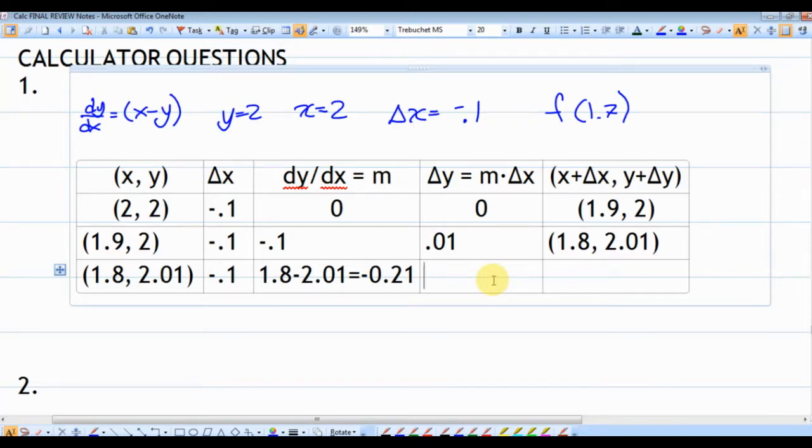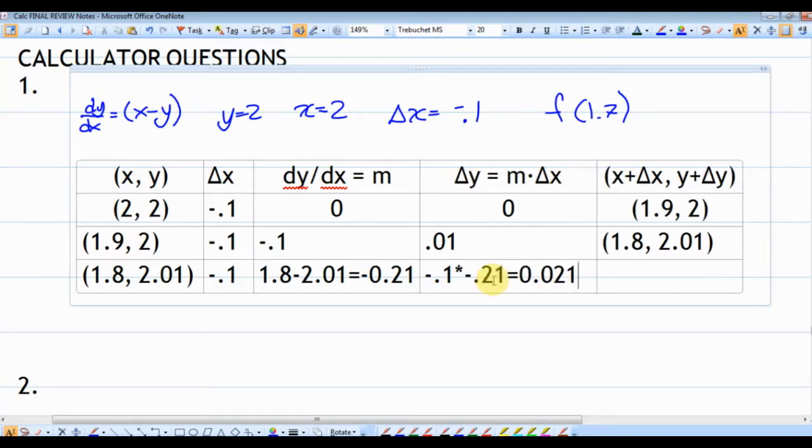M times delta x, that's negative 0.1 times negative 0.21. Ooh, positive 0.021. Cool. 1.7, and let's see. 2.01 plus 0.021 is 2.031.